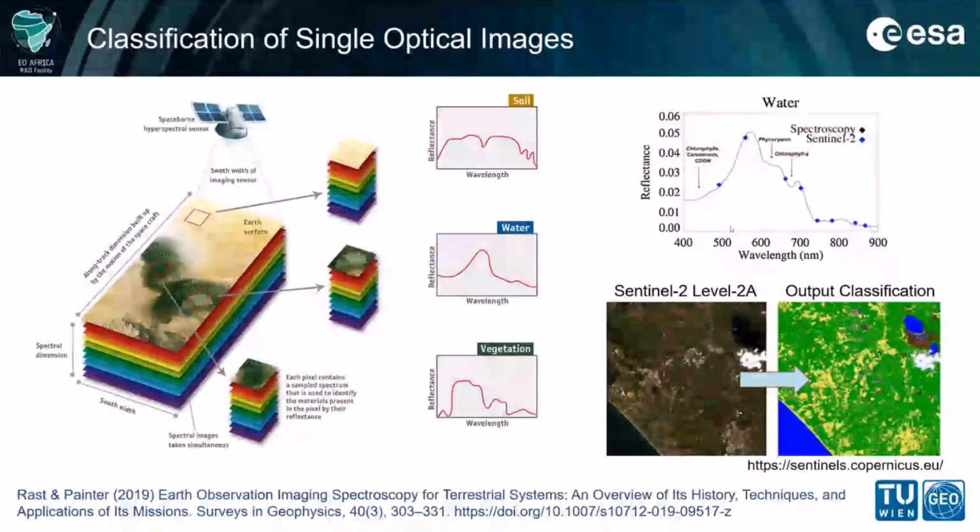For water, overall reflectivity is rather low, but still a bit higher in the optical domain, and then decreasing rapidly in the infrared domain. So in principle, you can take one image and transform it into an output image showing different types of land cover like water bodies, grassland, forests, urban areas, and the like.